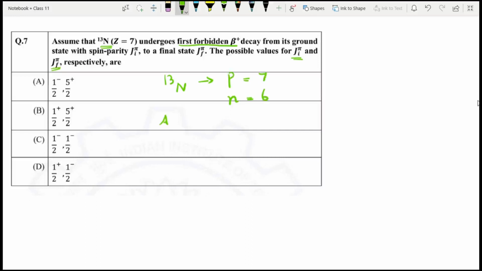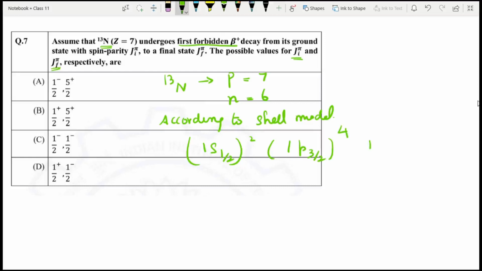So according to the shell model, for nitrogen we have 1s1/2 (2), 1p3/2 (4) and 1p1/2 (1).